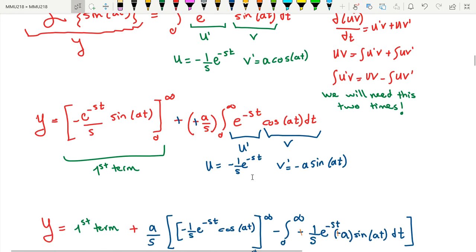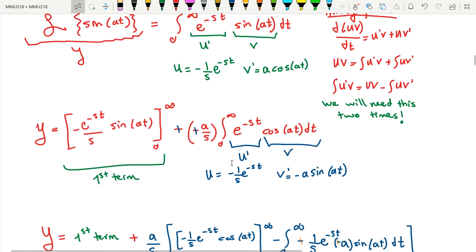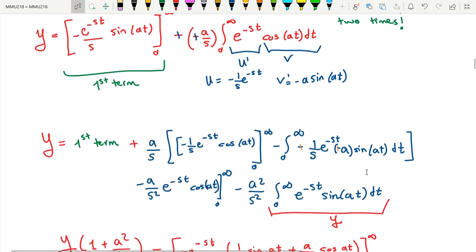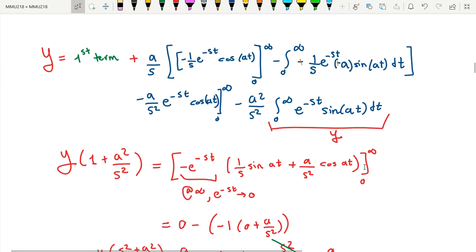If you now use this identity, integration by parts, for a second time over here, all right? So I'm going to leave this on the screen for a while for you to note that down if you need to. Okay, I'm not going to spell out everything over here, but maybe take a sip from my water.